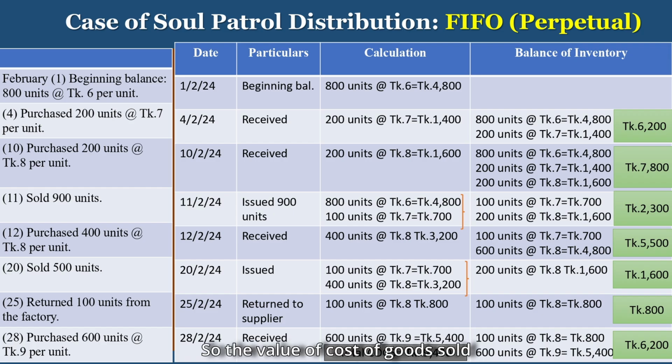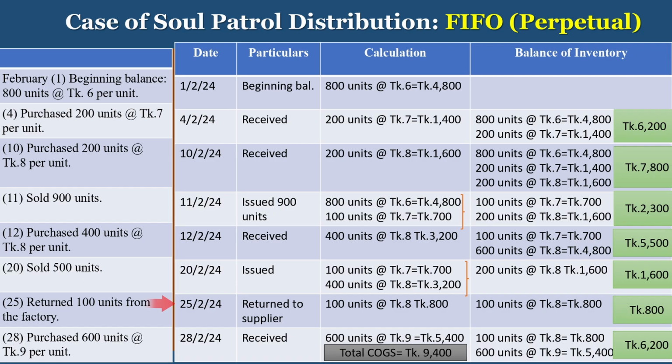So the value of cost of goods sold should be 100 units at taka 7, that means total 700, and 400 units at taka 8, total 3,200, that means total 3,900, the value of cost of goods sold. And the ending inventory should be 200 units because our remaining inventory is 200. So the value of inventory should be 200 at taka 8, that means total 1,600 at the end of February 20.